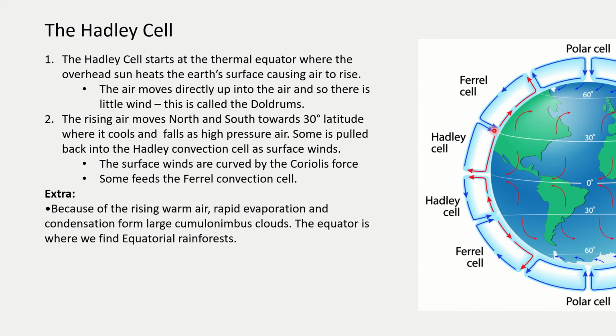Because it is falling, it puts pressure on the Earth, and it's referred to as high pressure air, which is why it's called the subtropical high along this 30-degree line. Some of that air returns into the Hadley cell to complete the Hadley cell cycle. As it does so, it is curved by the spin of the Earth in a process known as the Coriolis force. Some of the air, though, moves this direction to feed the next cell along, known as the ferrel cell.